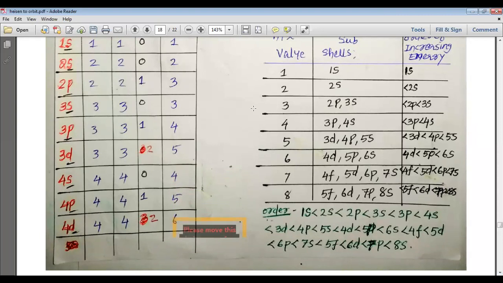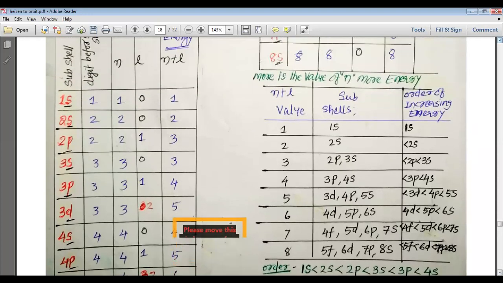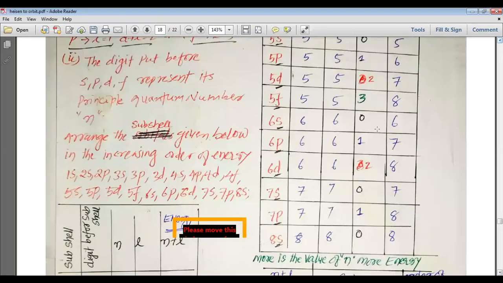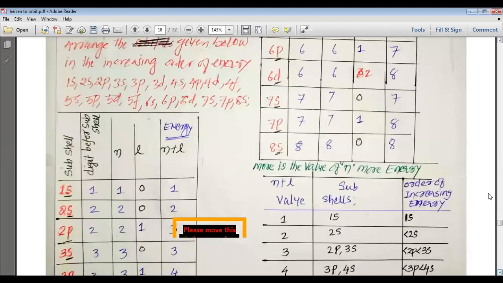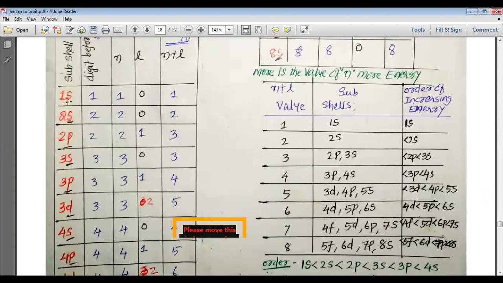And whenever you have an f orbital, the value of L is 3, and that is written with the green pen, so that you can easily understand the concept. So please remember that the value of L for s is 0, for p is 1, for d is 2, and for f is 3, my dear students, and that is how we can calculate the energy.